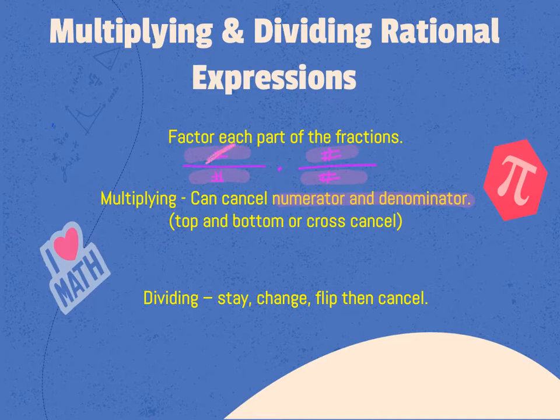So if there's something over here that cancels with something over here, I can cross cancel. If there was something in the numerator that cancels with something in the denominator on a single fraction, obviously I can simplify that. That's what we were doing yesterday. That's going to be multiplying. Then comes dividing. So we're going to keep, change, flip, or stay, change, flip, then factor, then cross cancel or cancel top to bottom.